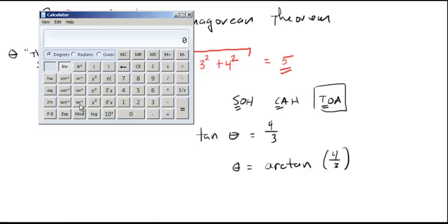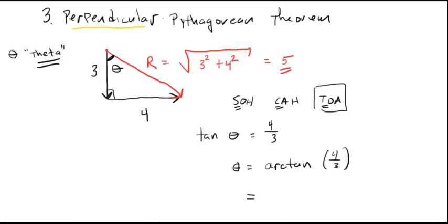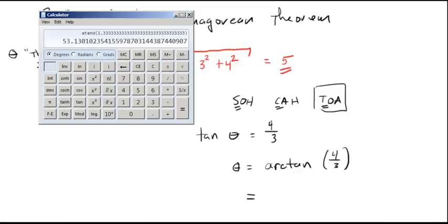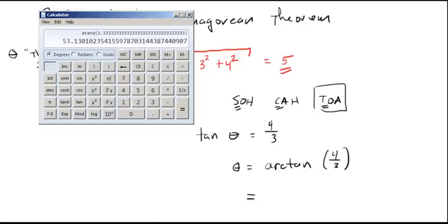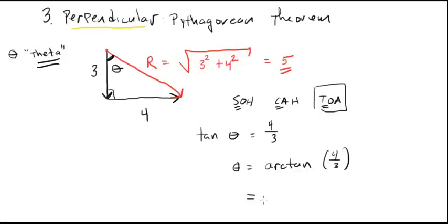Tangent to the -1 means arctangent, so I hit that, and then I do 4 divided by 3. So there we go. What was the angle? 53.1 degrees. Make sure that's right. Yep, 53.1 degrees.